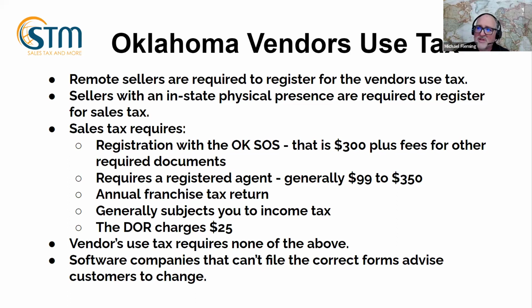At one point, for some reason they couldn't file a vendor's use tax return. So they told all of their customers, software companies actually have customers rather than clients, that they needed to change the way that they were registered.